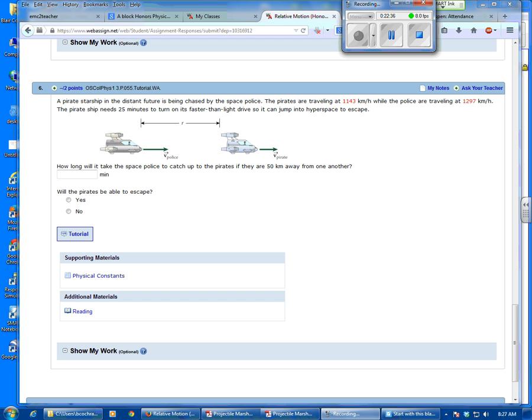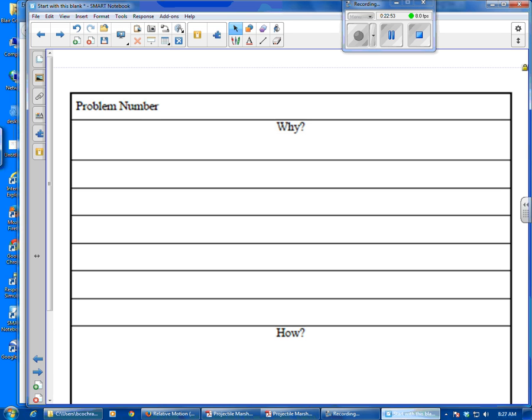So from the pirates' frame of reference, they're standing still, and space is moving to the left, and the police are moving to the right. So this is number 6.